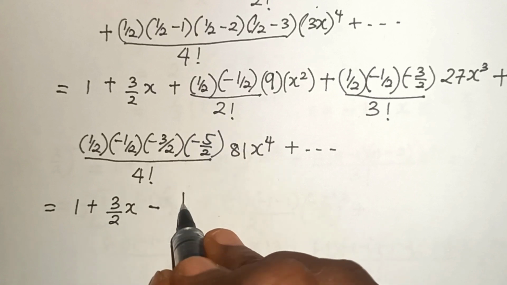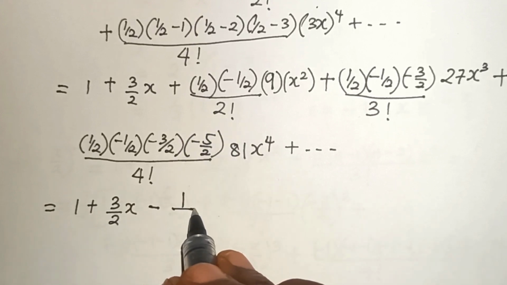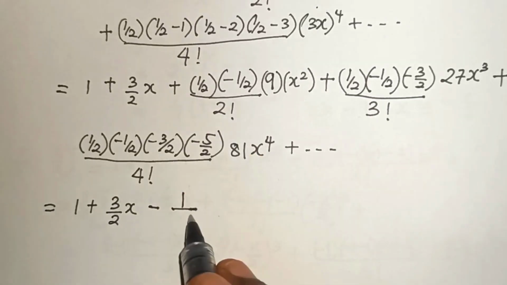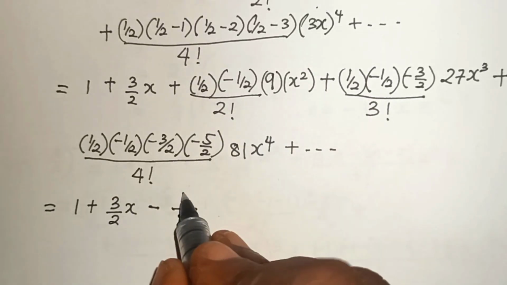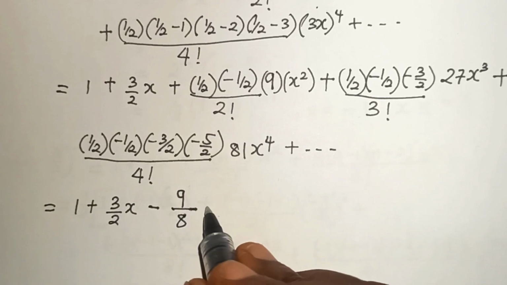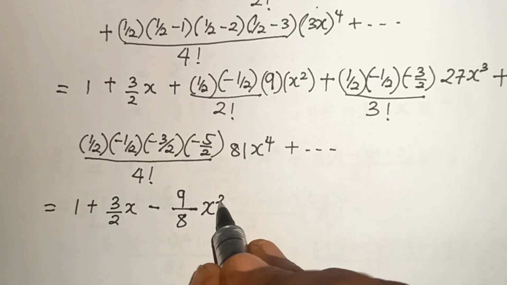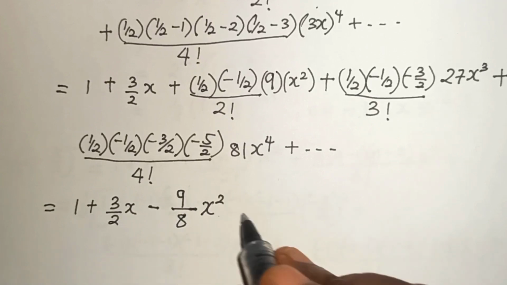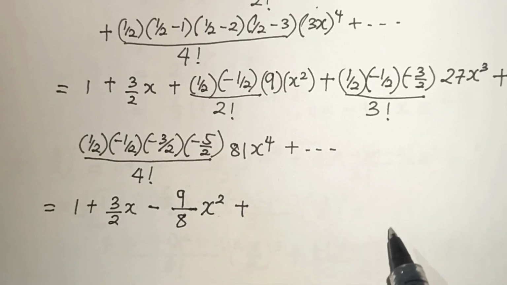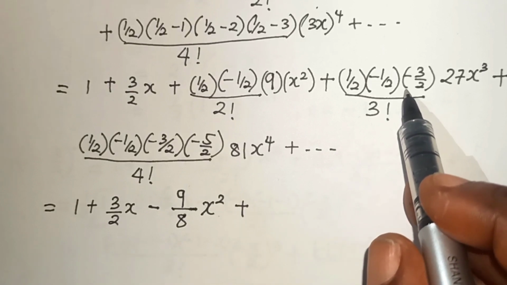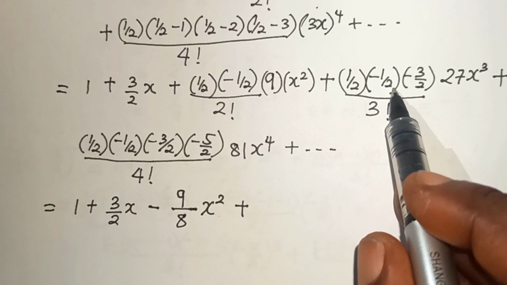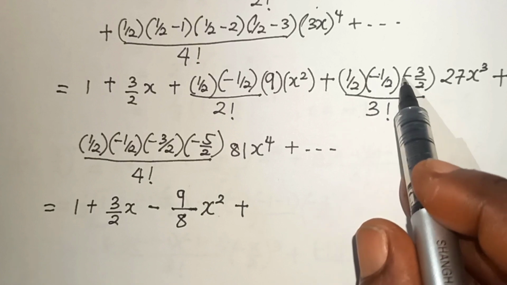And that will be 1 over 4 times 2 is 8. 1 over 8. Here we have 9, so this is 9 over 8 x squared plus here we have minus times minus is a plus.